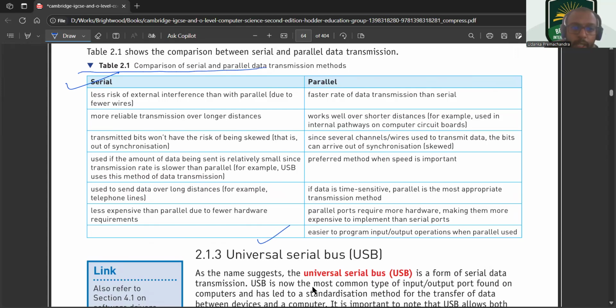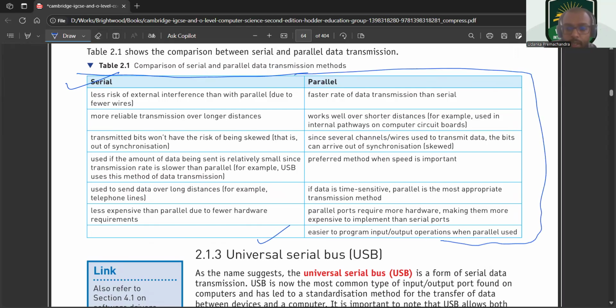Doesn't matter about time, write down this table.